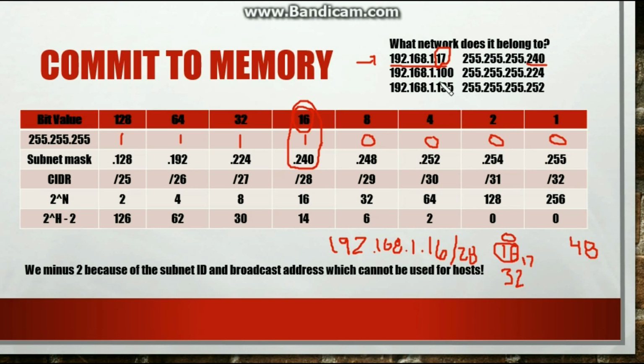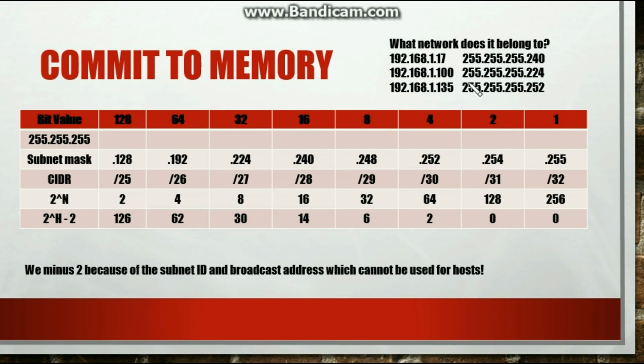So if you were asked a question, what is the subnetwork ID, or what is the network ID of this IP address based on this subnet mask? Well, you have to find where you stop borrowing bits, find the rotating number, and then find where that IP address lies. So let's do this next question right there.